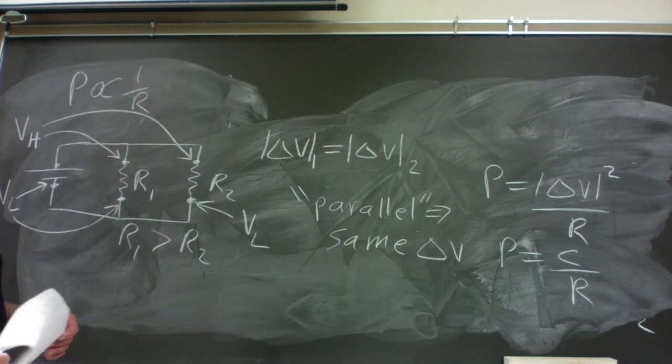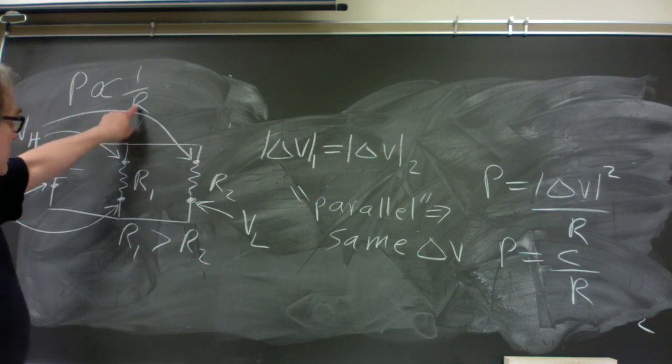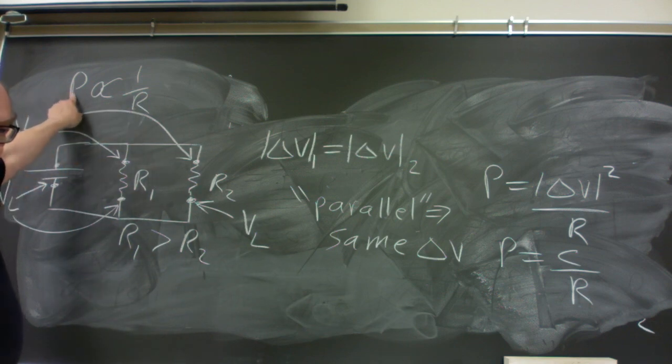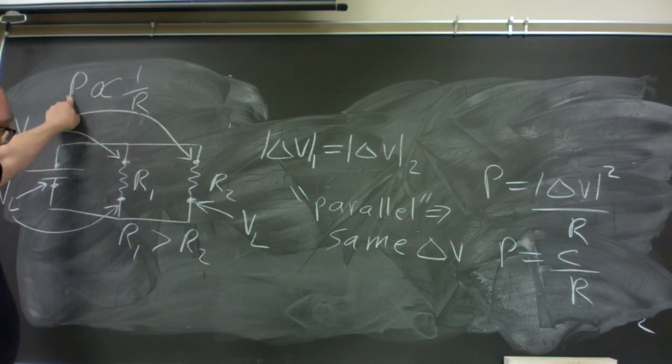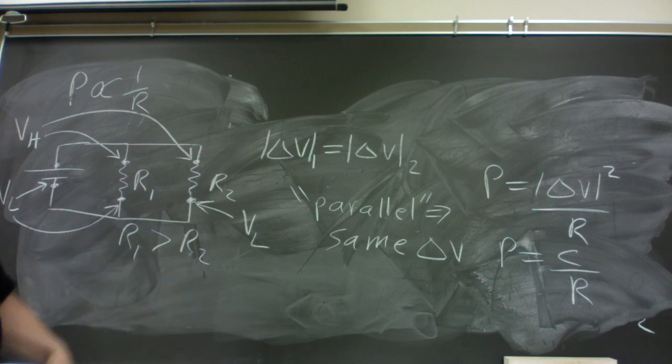When two things are inversely proportional, if this thing gets larger, that means this thing gets smaller. If this thing is smaller, then this thing is larger. So the smaller resistance will get the larger power in this case. R2 gets the larger power.